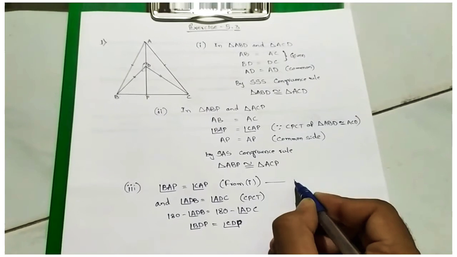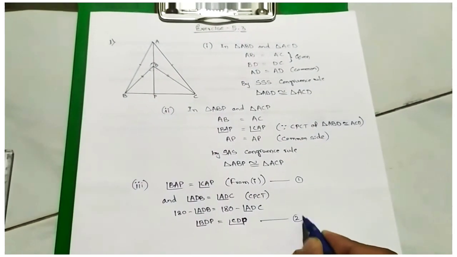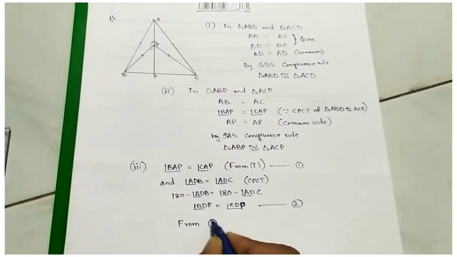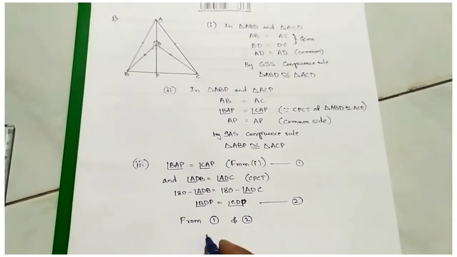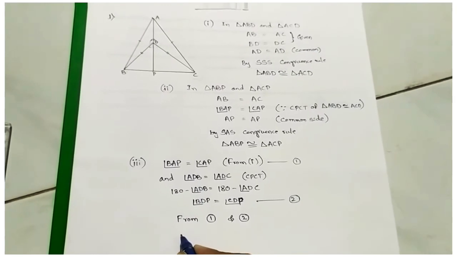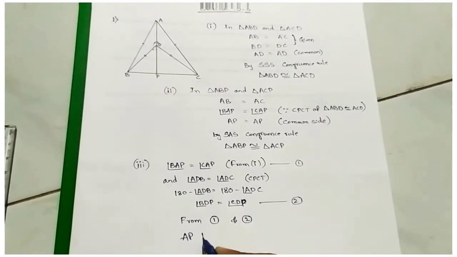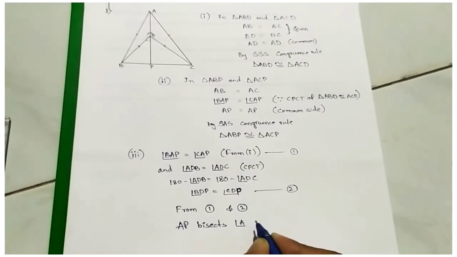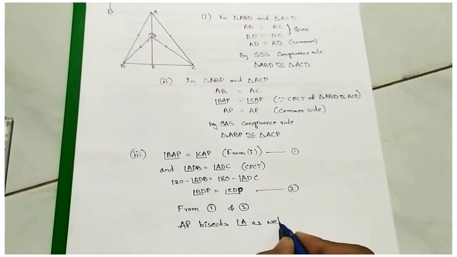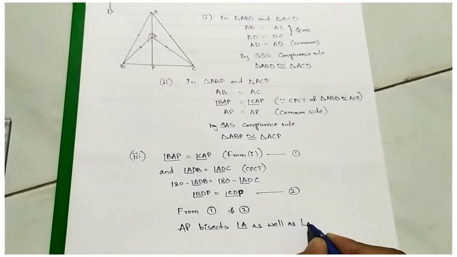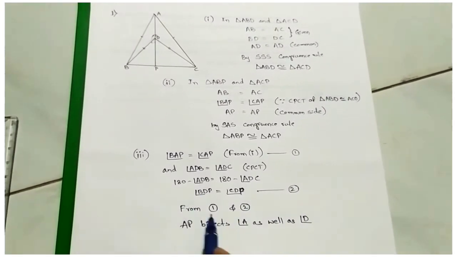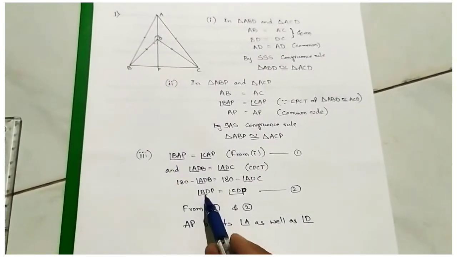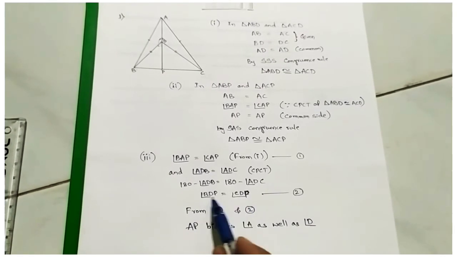So let's take equation number 1 and equation number 2. From 1 and 2 we can conclude that AP bisects angle A as well as angle D. See here, angle A is bisected so we got two equal parts, and angle D is bisected, that's why we got two equal parts.